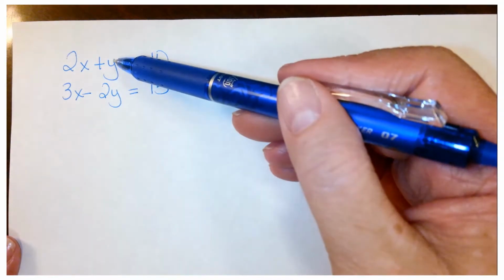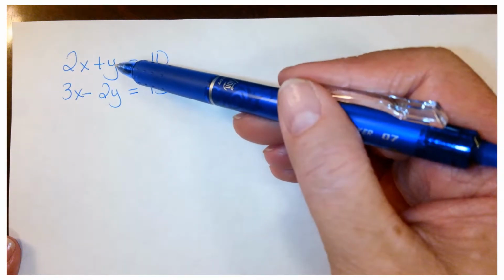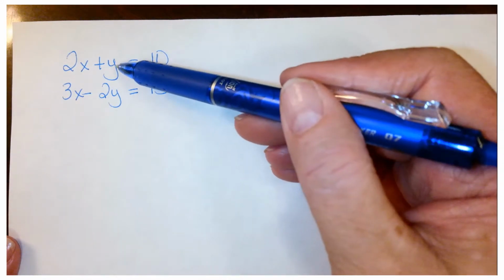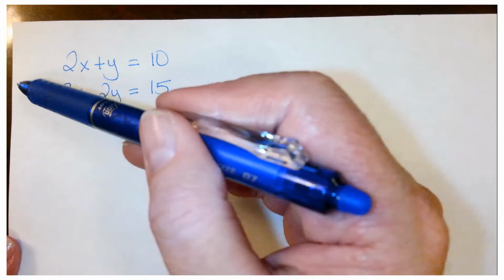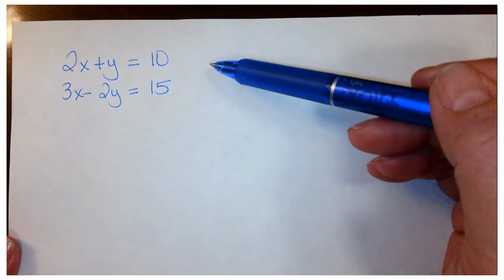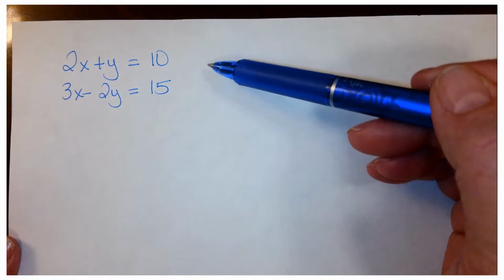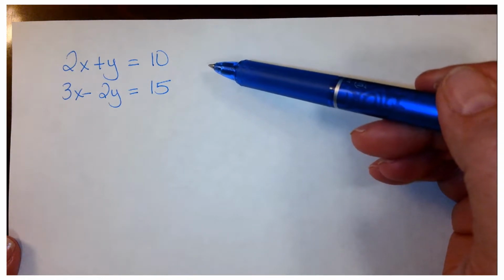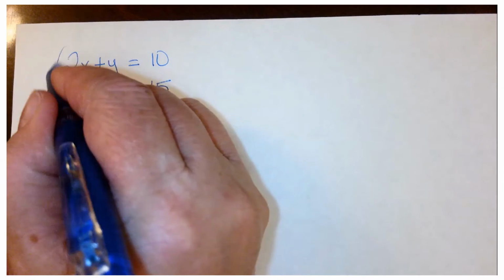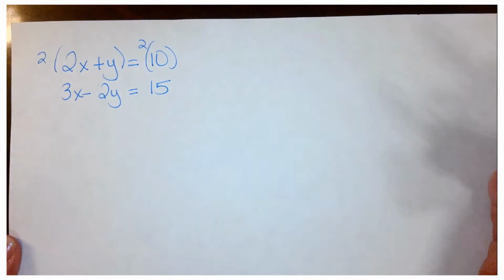We know that's 2. And the key here is you can't just multiply that 2 on that y. You have to multiply across the entire equation. It's the whole concept of whatever you do to one side, you have to do to the other. So we're going to multiply all of this by 2.